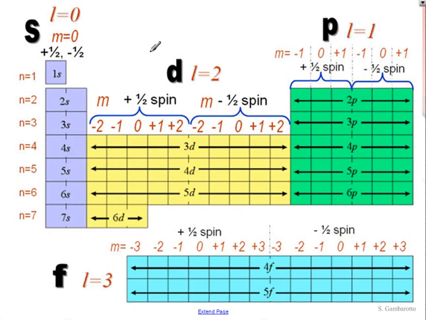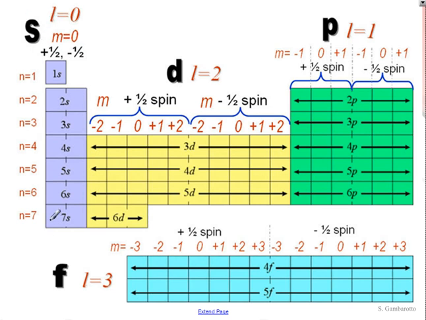The last thing I'm going to show you is the periodic table, and how they actually define it. The first two columns on the left here, this is when L equals 0. When L equals 0, we've already defined that as s orbitals.